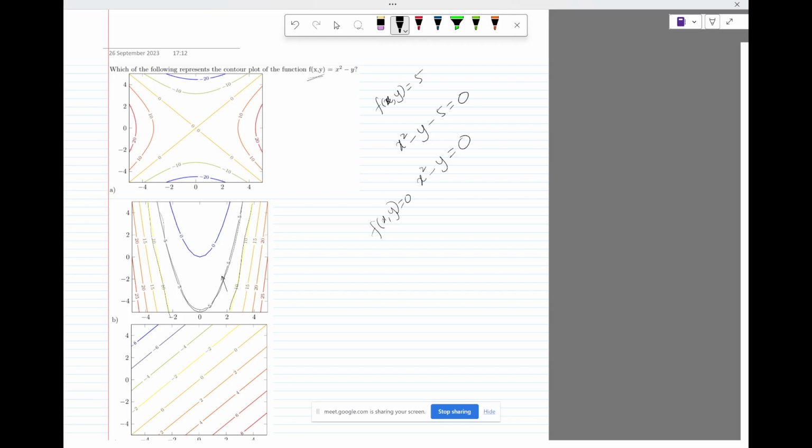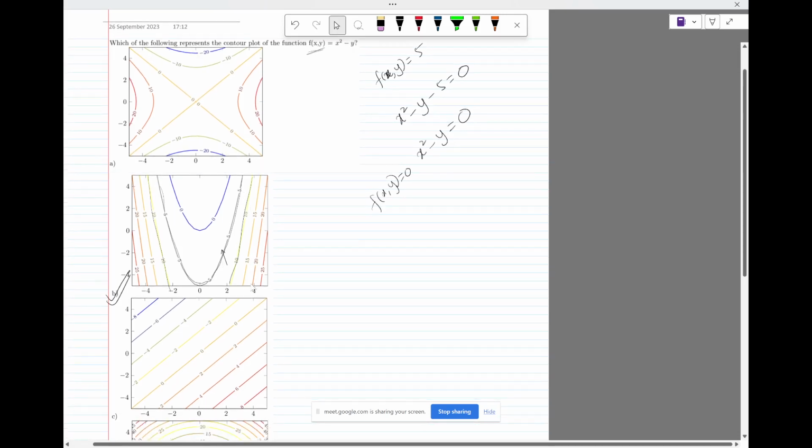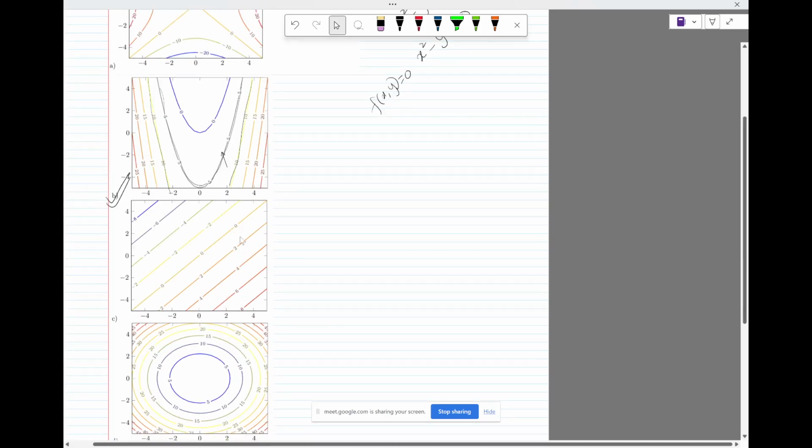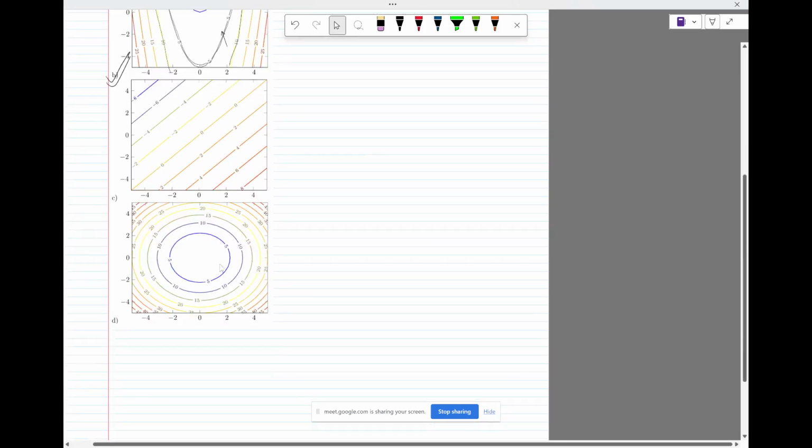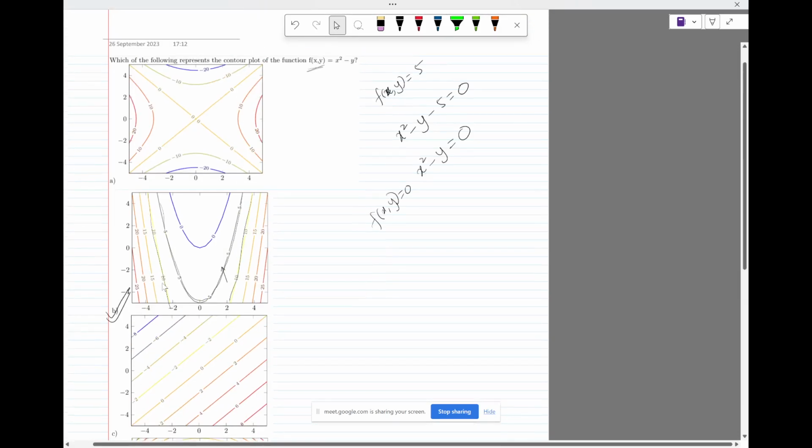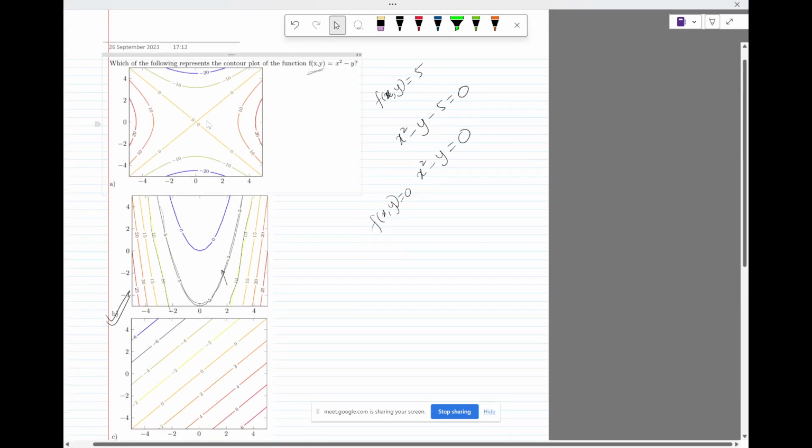So the correct answer is this B option. This is a quadratic equation, and you have these quadratic contour plots here. For other options, here you have a straight line, so it can't be. Here you have concentric circles, that also cannot be. Here also you have some sort of symmetric shape, that also cannot be.